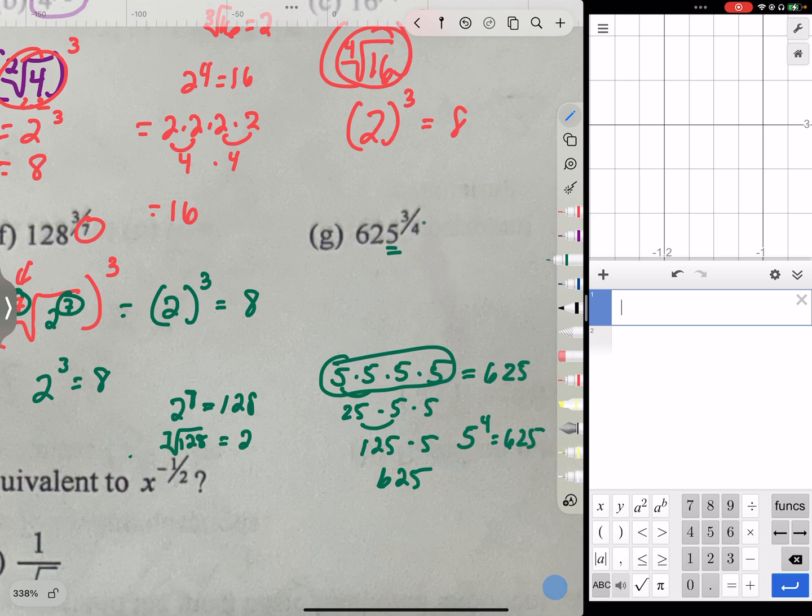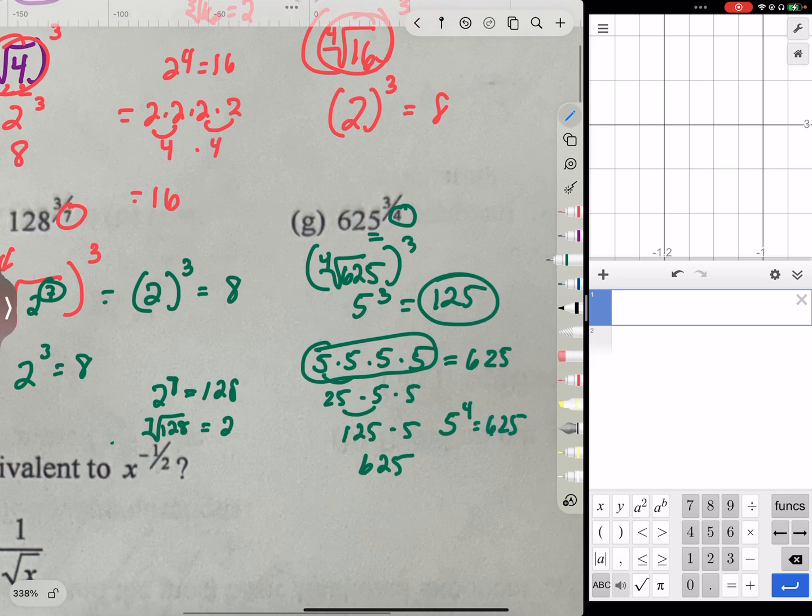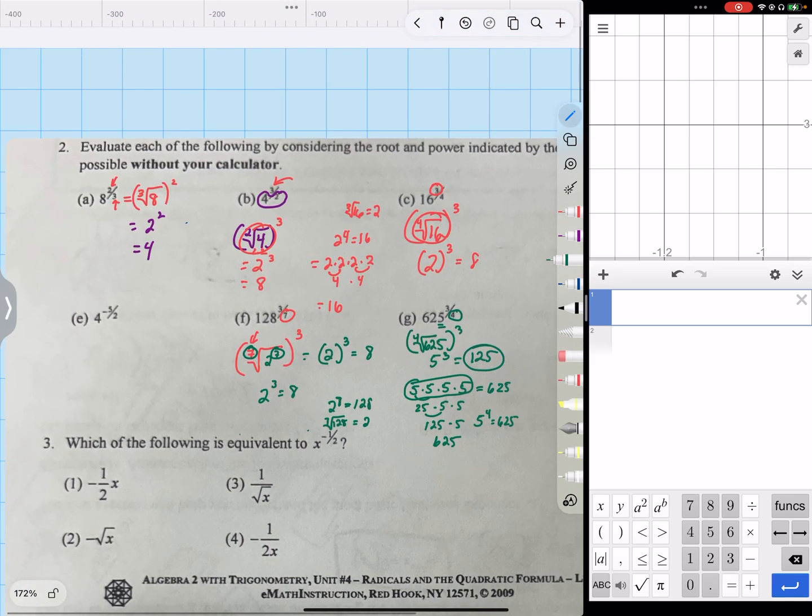And that's important because here I want to fourth root the 625 and then cube it. Well, fourth root of 625 is 5. And then I cube it, and we just did that one actually. That's 125. Okay, he said all of these without your calculators.